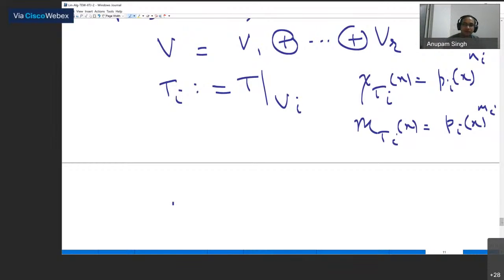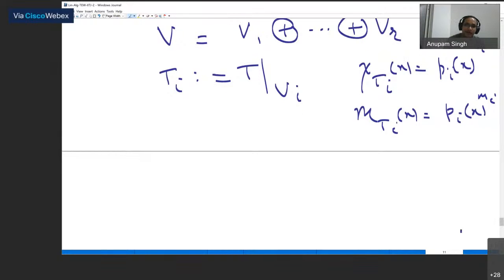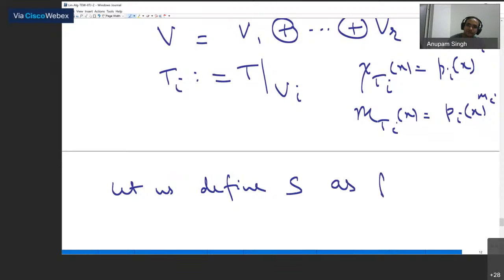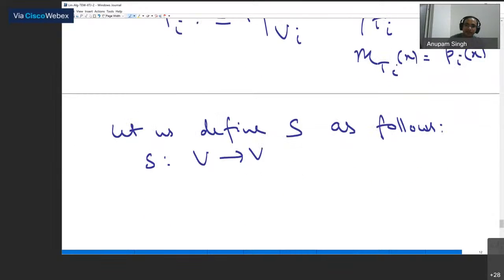Now, remember in the Jordan decomposition theorem, I had to obtain a diagonalizable element and a nilpotent element, so that T is the sum of S and N. So let us define S as follows. S will also be a map from V to V, and V is supposed to be a direct sum of the Vi, so I will define S on each of the Vi.